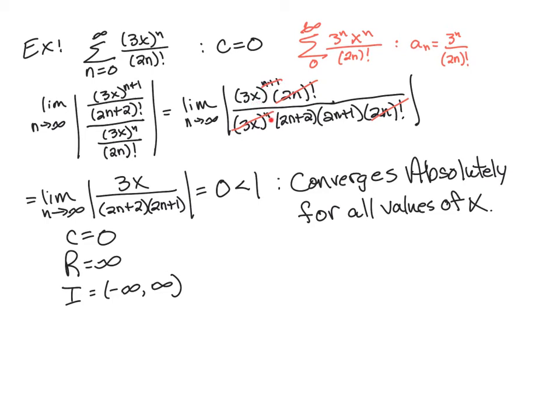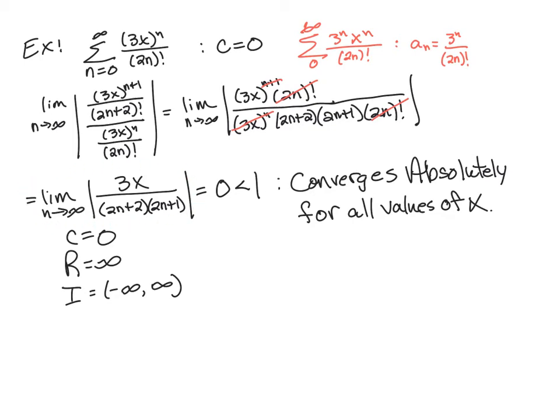The bottom has just 3x to the n. All of these on the bottom will cancel the n of these, and we're left with just one 3x in the top. The factorials: 2n plus 2 factorial is 2n plus 2 times 2n plus 1 times 2n factorial. Those are going to cancel, and we're going to be left with just these two on the bottom and the 3x on the top, and you see that right here.